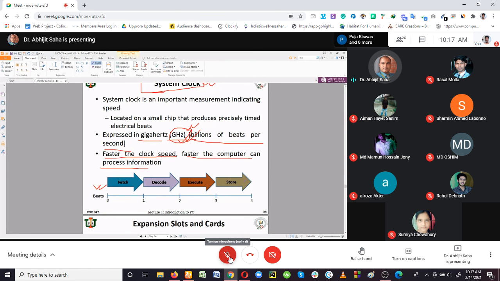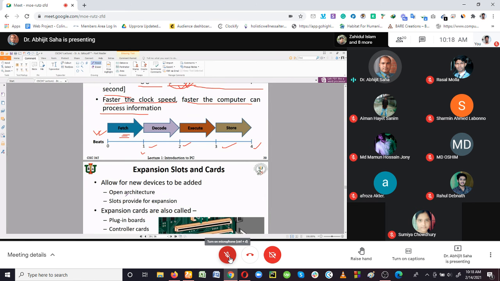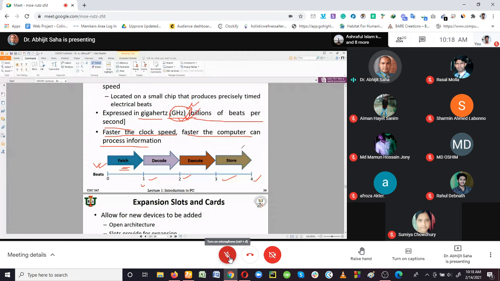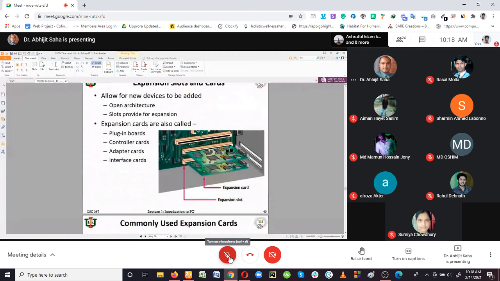For the instruction C+5 we discussed, we needed 4 bits to complete the operation. But these days, because the computer system is multi-scalar, multiple instructions can be executed at the same time. That is what it is telling: the faster the clock speed, the faster the computer can process the information.